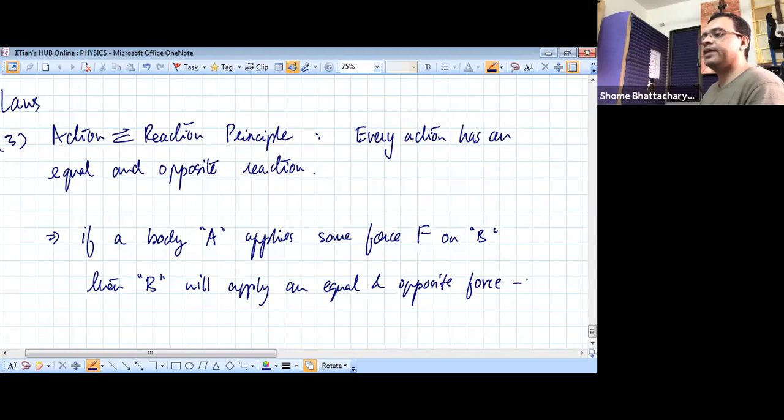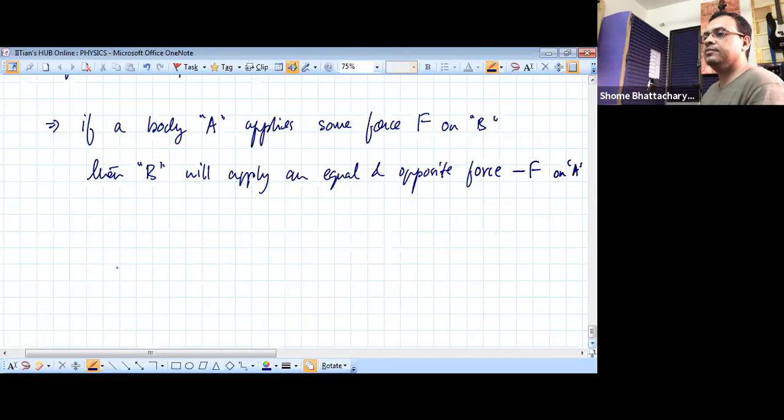So opposite means minus, opposite in direction, minus F, but on which one? On A. So this force that A is applying on B, if that is the action, then this one becomes a reaction. In a diagram we can understand it like this: suppose we have a situation where you have a person and you have a box.